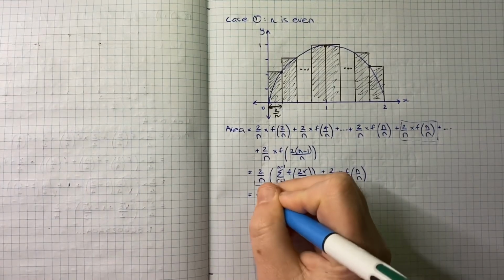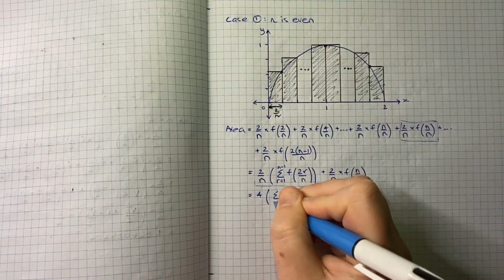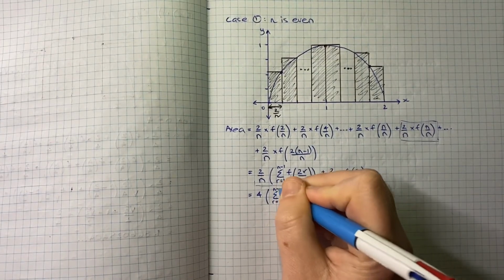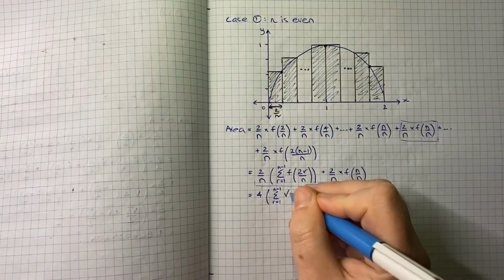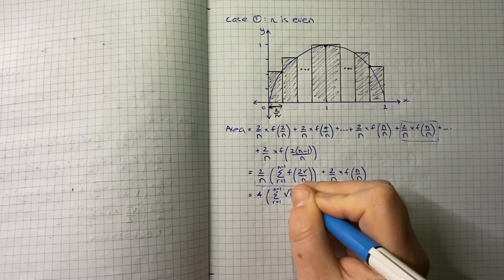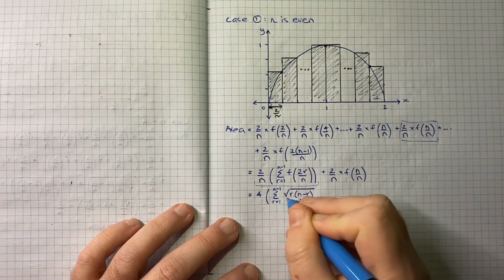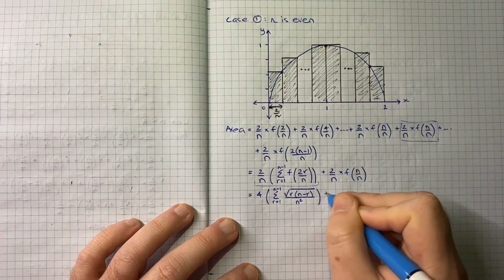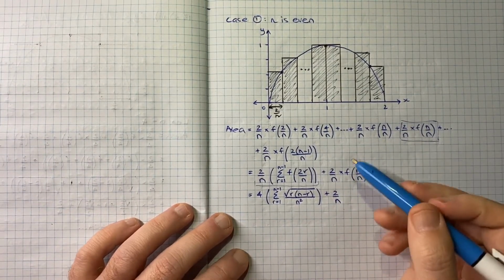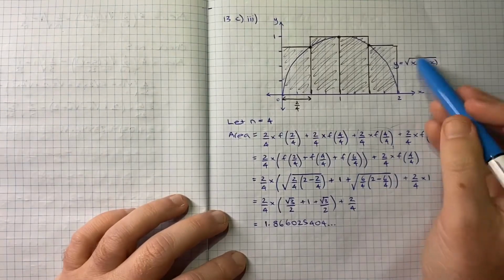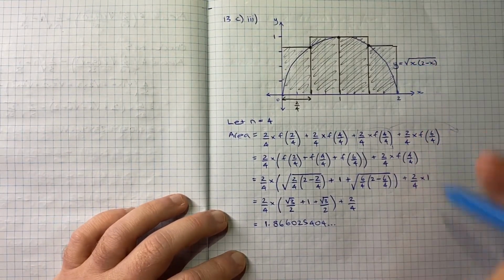So it's going to be equal to 4 times the sum from r is equal to 1 to n minus 1 of square root of r n minus r, all divided by n squared, plus 2 on n times f of 1, and we know that the function is the square root of x2 minus x, so square root of 1 times 1, square root of 1, or just 1.